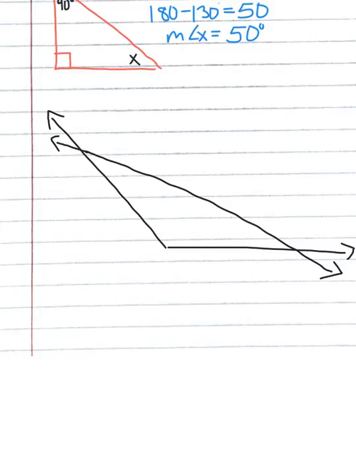So we want to find the measure of this angle, which we'll call angle X again. And we know that this angle is 35 degrees, and we know that this angle is 100 degrees. So I want you to pause the video and think about what we learned about with the supplementary and complementary type angles and what we now know about triangles. See if you can figure out angle X and then restart the video to check your work.